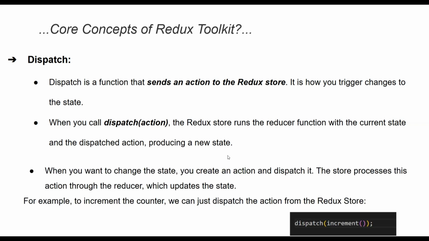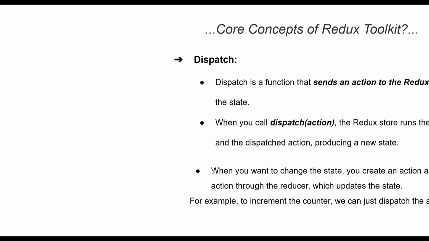For example, last time we created an action called increment. If we want to call increment from any component in our application, we just need to use the dispatch function to dispatch that action. So that is how it works. Like I said, we're going to see how this works when we start the implementation of Redux Toolkit.